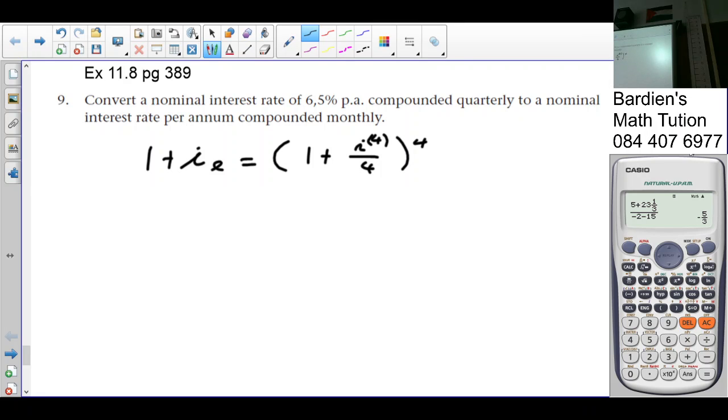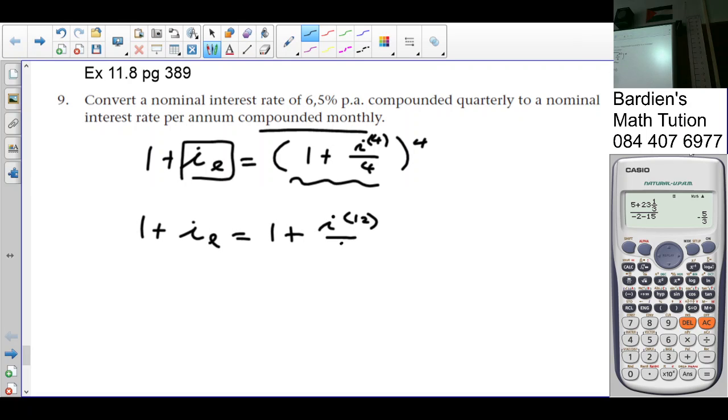If I look at the second part, I'm going to convert that quarterly compounding to compounded monthly. Then I use the other formula as I did before: 1 plus i effective equals (1 plus i to the 12 over 12) to the 12. In the previous calculation, I replaced that i and worked it back.